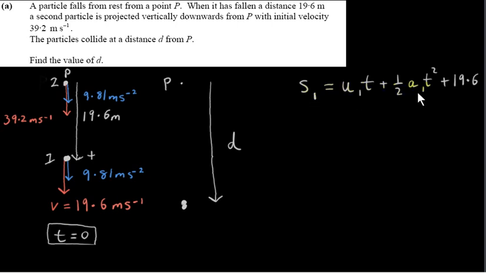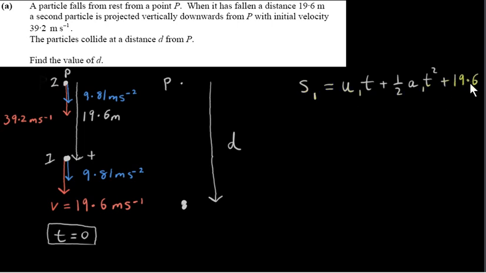Let's look at the distance s1 of particle 1 from its initial position P at any time t later. Of course, we'll be interested in the time when particle 1 collides with particle 2, but this t stands for any time. Now this formula is s equals ut plus a half at squared applied to particle 1.